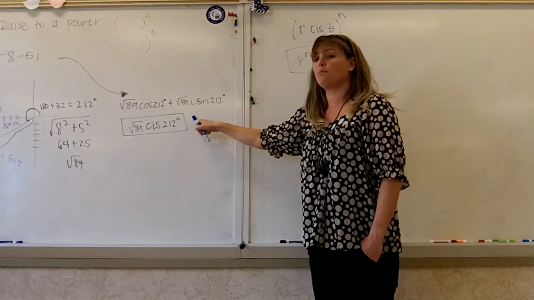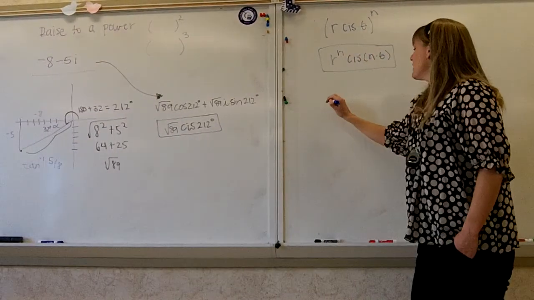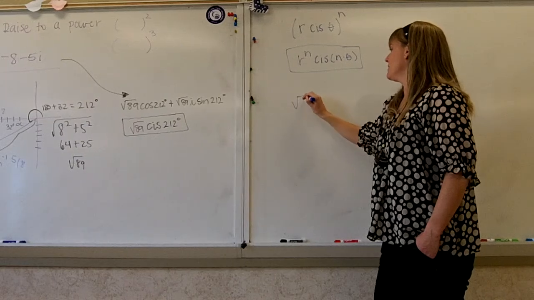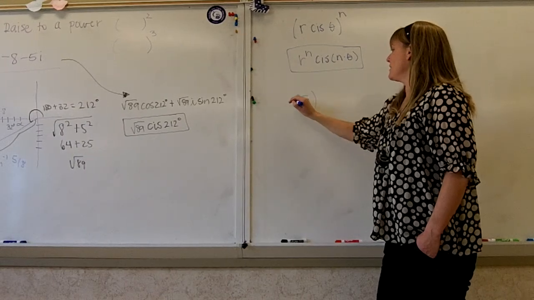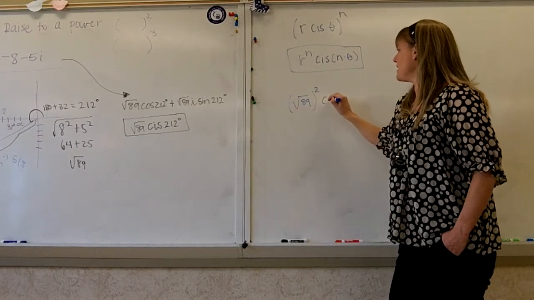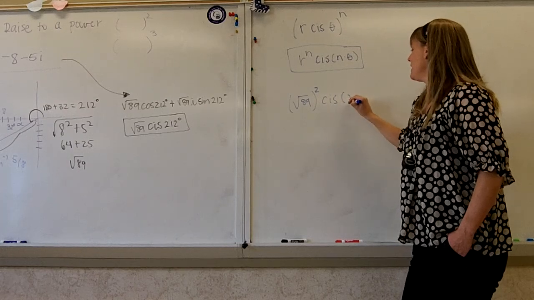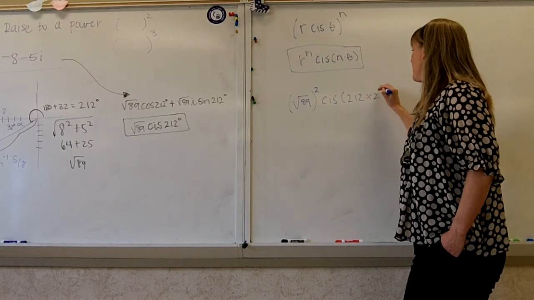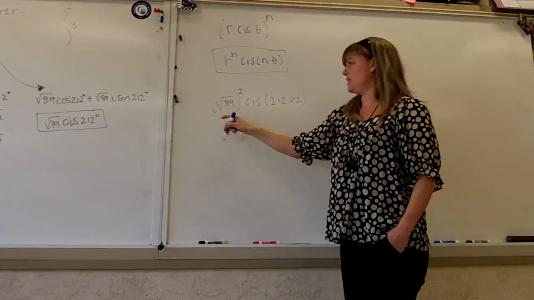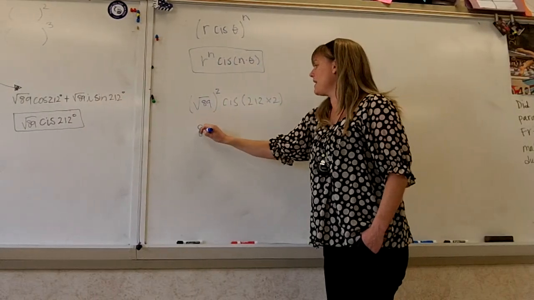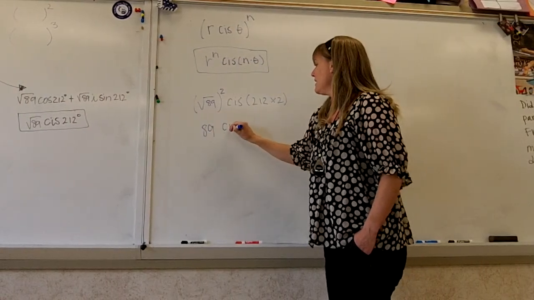Your paper says that you want to square this number, so that means I want to take the square root of 89, square that, and then multiply the angle by 2. So that's pretty easy to do. The square root of 89 squared is just 89.